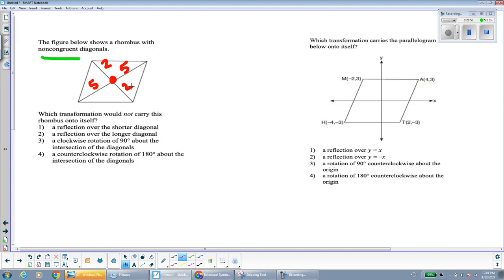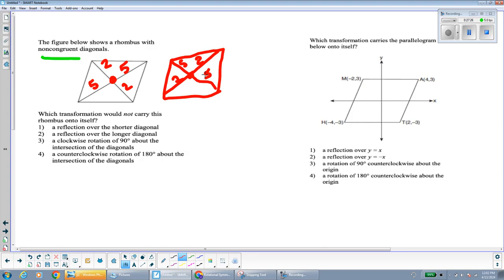Once again, I just randomly picked those numbers, but I know that they're being split equally because a rhombus is also a parallelogram. And if this rotates 90 degrees clockwise, and I'm not a good artist, but imagine it flipping upwards, that would be 5, that would be 2, that would be 2, and that would be 5. That doesn't look the same as the original.